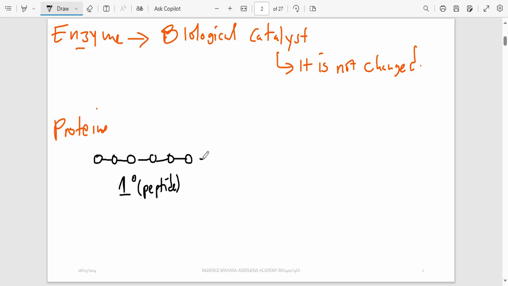Now, this primary structure that we have formed can start folding about itself. It can fold in a spiral way, like that. Another way it can fold is known as a beta pleated, so it's going to fold something like that.